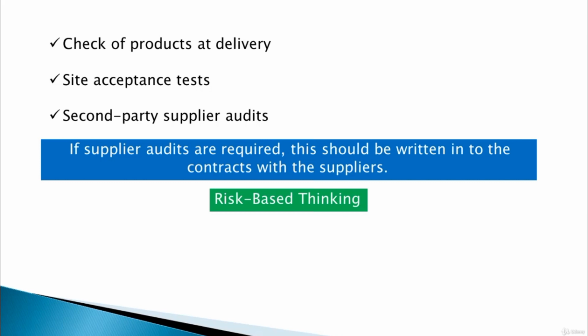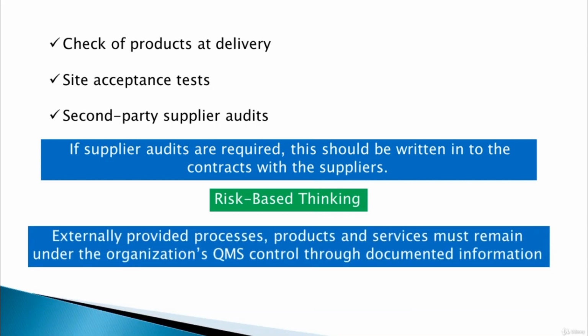So the organization is required to identify the risks and opportunities that could arise from doing business with that certain supplier. Now, externally provided processes, products, and services must remain under the organization's quality management system control through documented information.